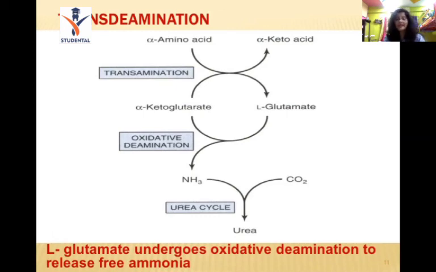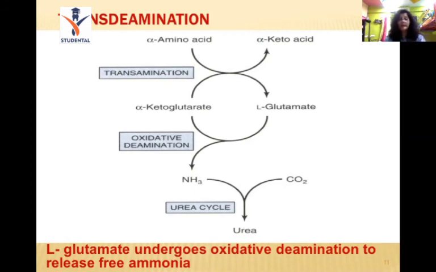Here, glutamate is acting as an acceptor for amino group. So this glutamate is transported to the liver, and in liver it undergoes oxidative deamination, and this oxidative deamination releases ammonia from this glutamate, and it is used for the synthesis of urea, and this urea is excreted.